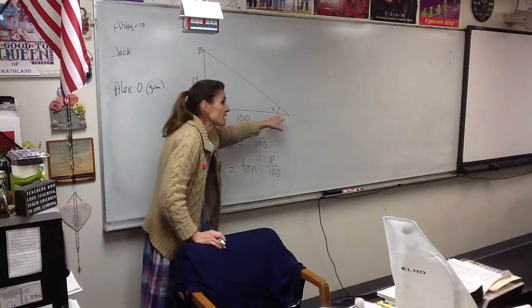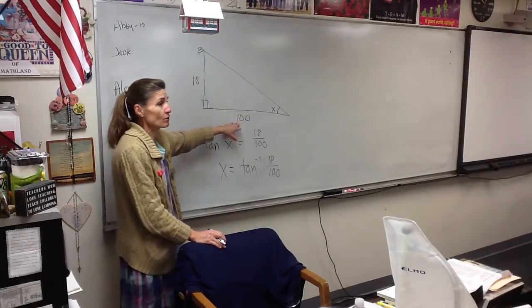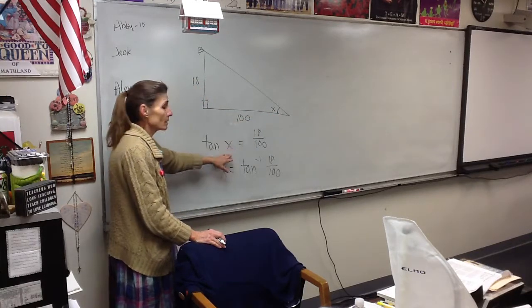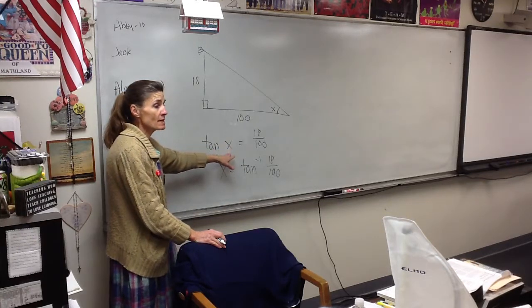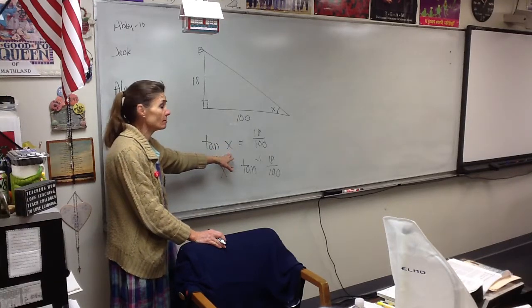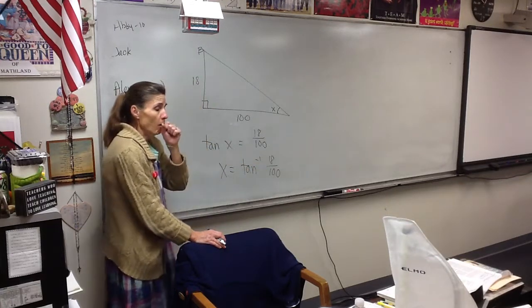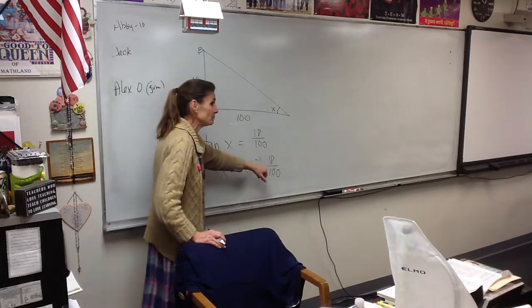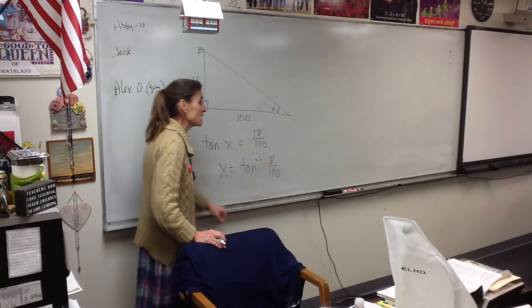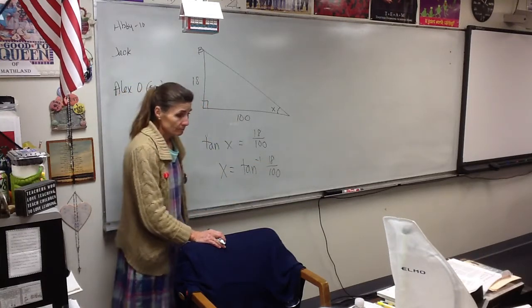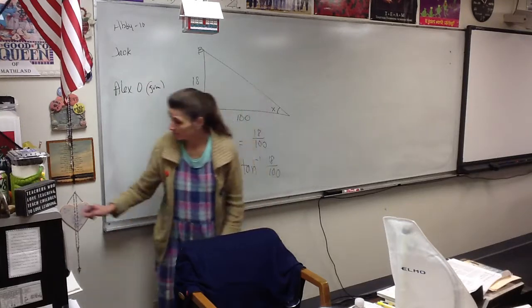The tangent of the angle is opposite over adjacent. Whenever I'm looking for the angle, when that's the question, I have to use my second button. So I can do that.